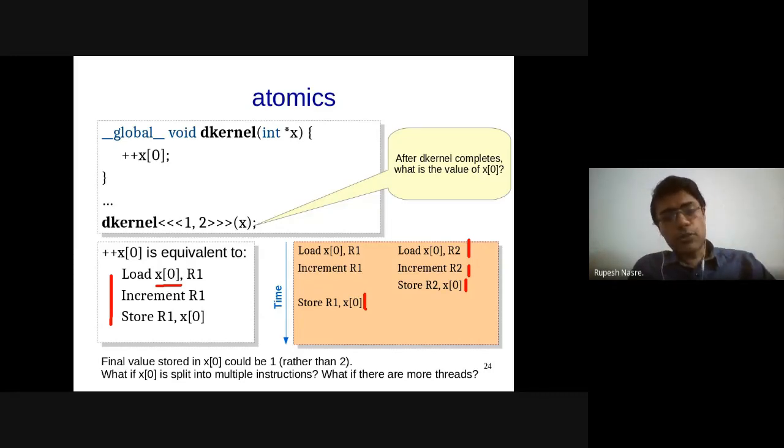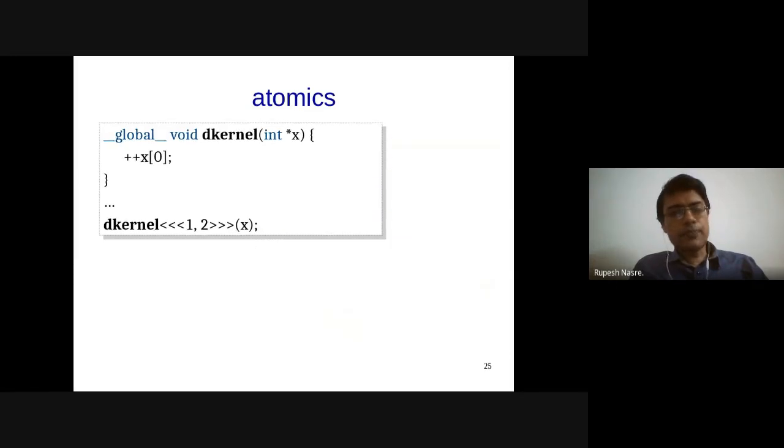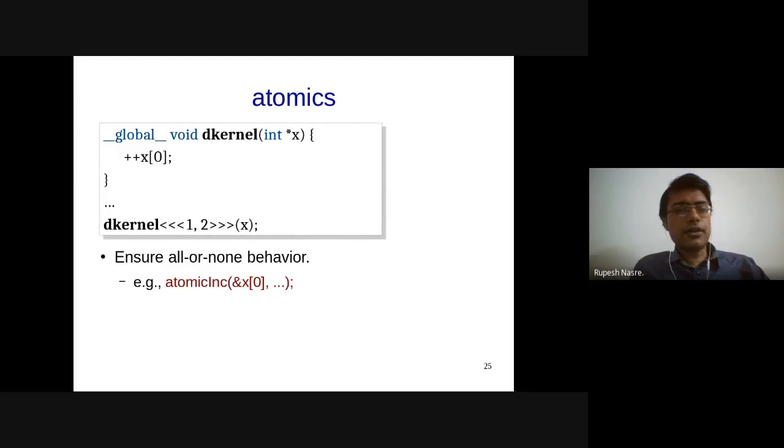That is another possibility where x of 0 might get split into multiple assembly instructions. And if there are more threads, definitely there will be issues with respect to the number of variations in these execution orders, and therefore the number of outputs can also vary. Right? So we are going to fix this with atomic, where all or none behavior needs to be done.